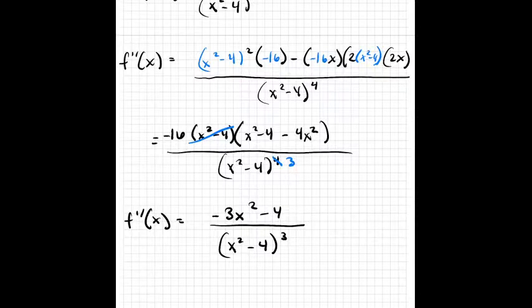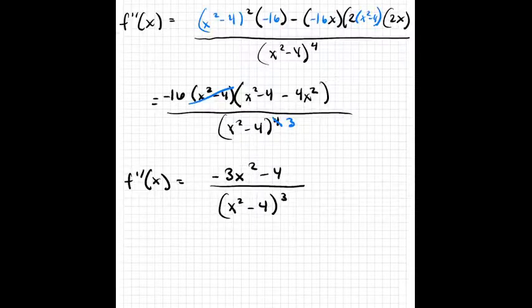So when the second derivative is either 0 or undefined, those points are candidates for points of inflection. Right, the points of inflection, if there are any, are going to occur when the second derivative is either 0 or undefined. Okay. So if we set the numerator to 0 and solve, we got this negative 3x squared minus 4, right?